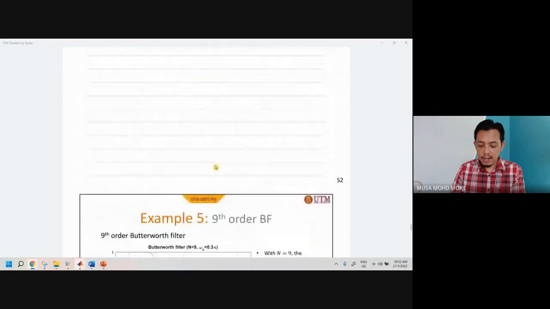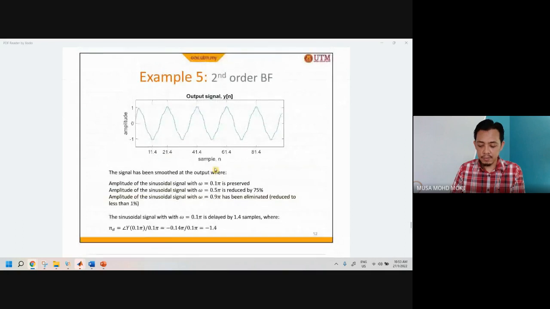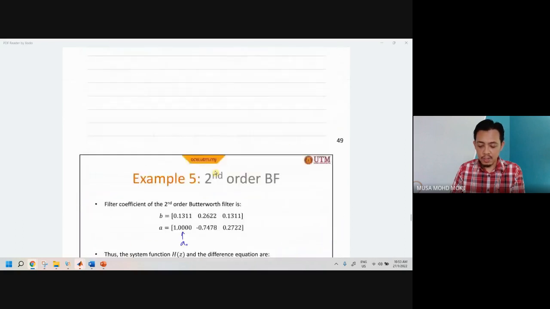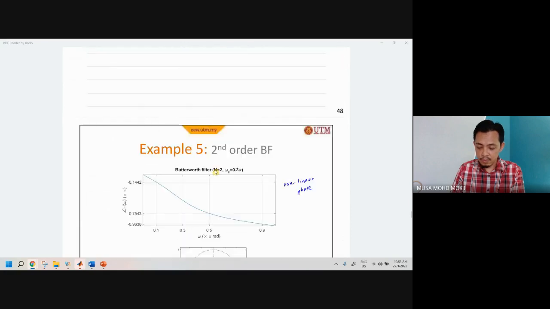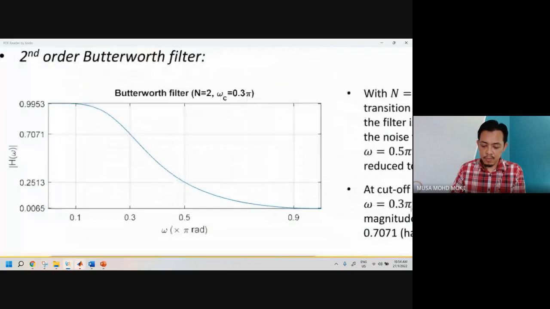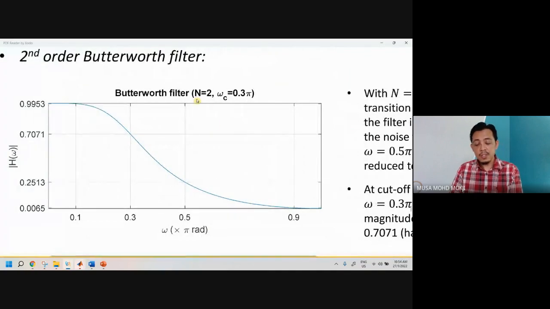If it is an IIR filter, actually there are no simple rules. There are no simple rules to know that n equals 1, what is the transition bandwidth? n equals 2, what is the transition bandwidth? n equals 3, what is the transition bandwidth?